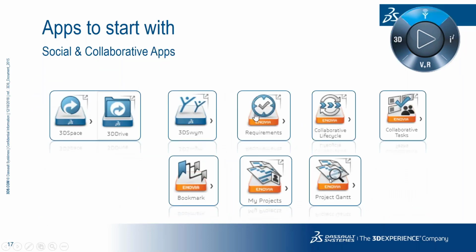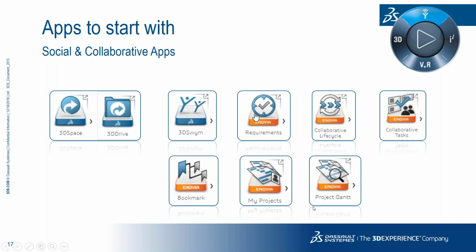In the other quadrant, so in the north quadrants, 3D space, 3D drive, 3D space is mandatory. 3D swim, again, mandatory. Requirement to manage requirements. Collaborative bicycle, it is in the dashboard, but I did add it here. And collaborative task. On the more advanced task, bookmarks, this is to create virtual folders because you don't have folders in 3D space.